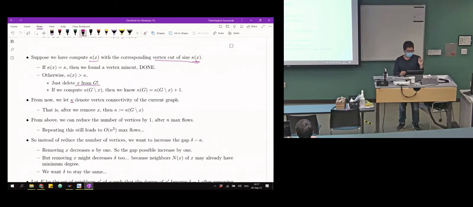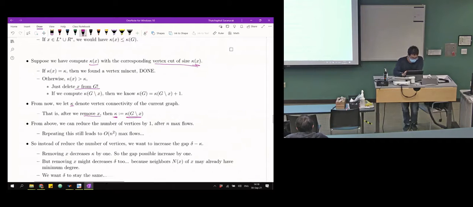So after removing x, kappa decreases by 1.